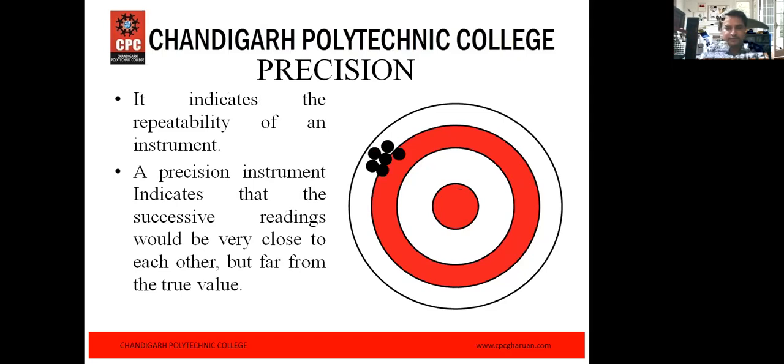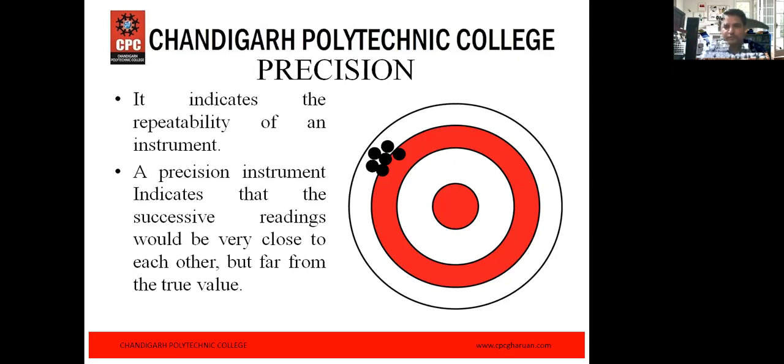Next is the precision. Precision is the repeatability of an instrument, that while hitting the true value, it is giving a reading other than the true value, but again and again it repeats the same location or reading or target. If I give its definition, a precision instrument indicates that the successive readings would be very close to each other, but far from the true value.